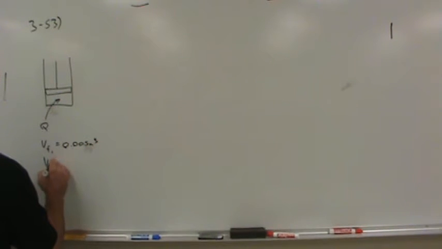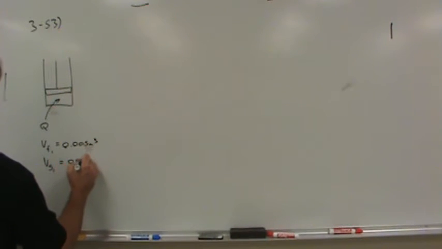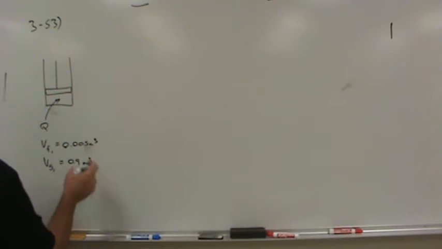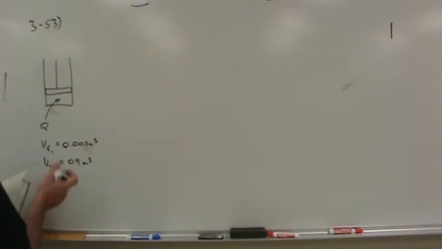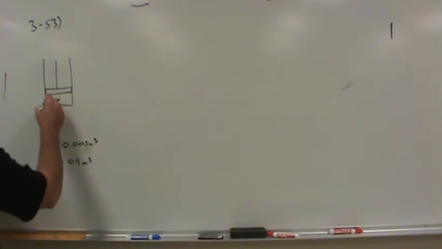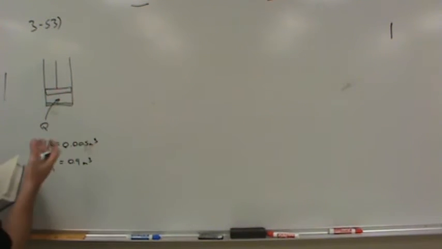The volume of the gas was given as 0.9 cubic meters. So it's not really a surprise that the gas takes up so much more space than the liquid, and yet the bulk of the mass could still be in the liquid. So here's the liquid down there, and of course my drawing's not to scale.